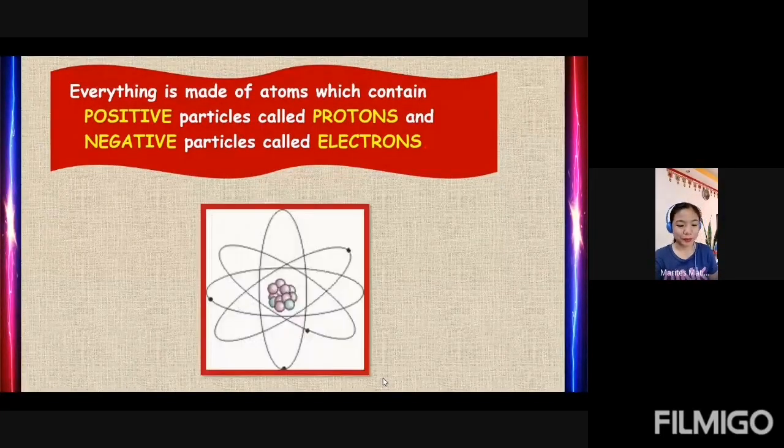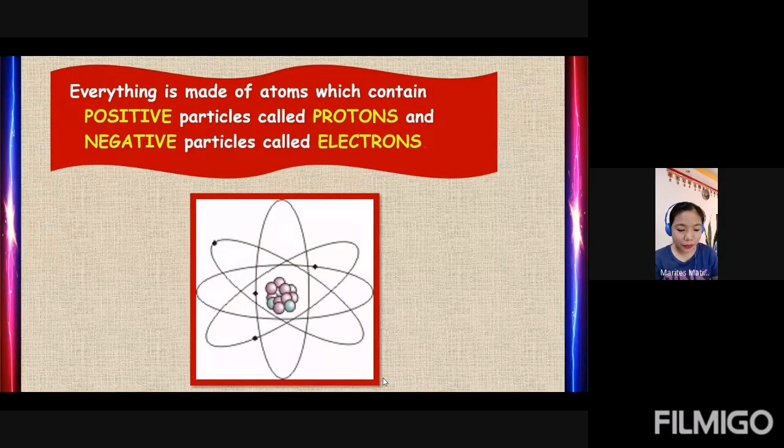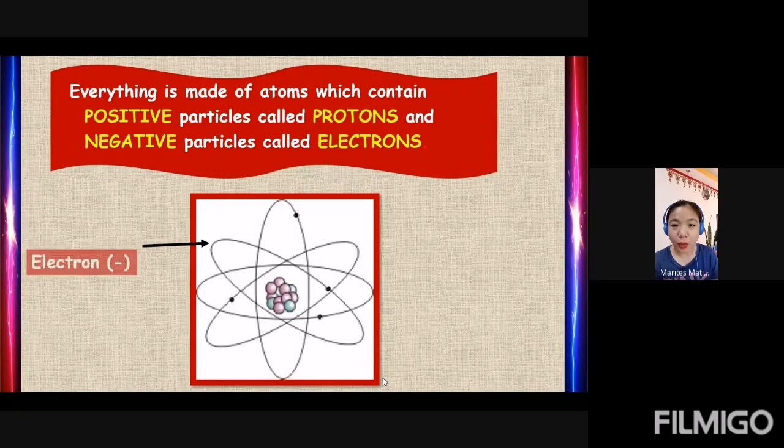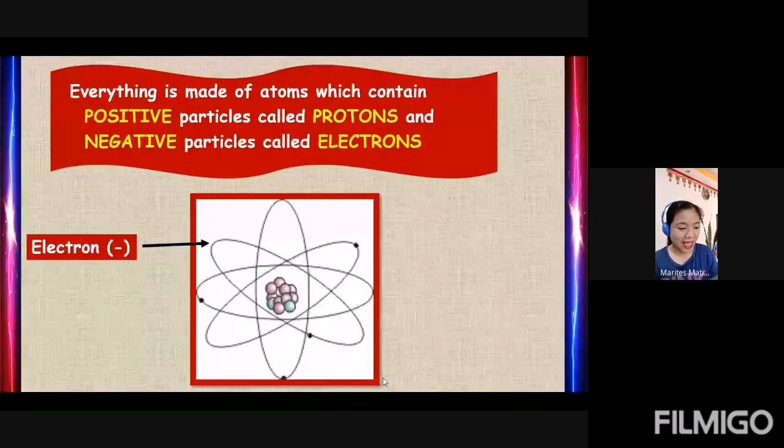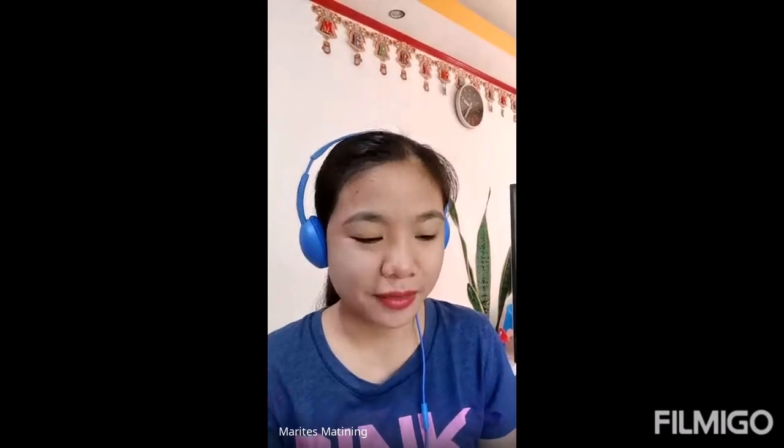Okay, neutron. So, what you see is actually a picture of an atom. We have here the electrons, the ones that are moving around. They are located outside.